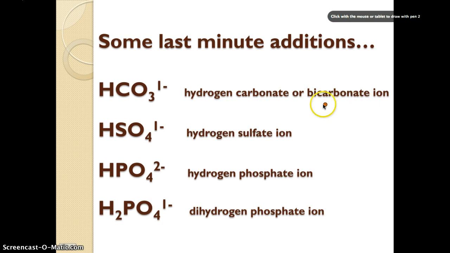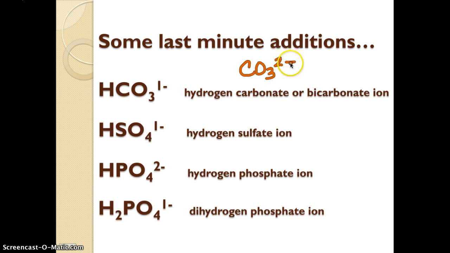We also call it bicarbonate ion, and if you understand how this is formed, then you're more likely to remember it. So if this is carbonate, and you add a proton to it, a hydrogen ion, you're going to add a positive, so that will give you 1 less negative. And so we simply call this hydrogen carbonate or the bicarbonate ion.